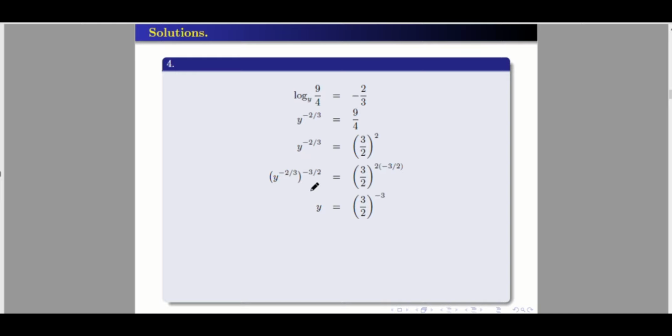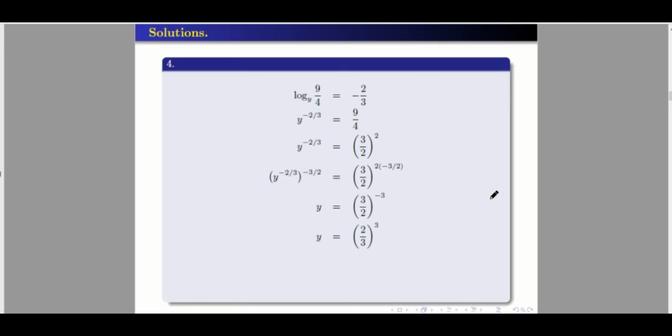Now, to maintain the equality, if you raise this side by negative 3 halves, you also raise the other side by negative 3 halves. In this case, we can cancel 2, because this is 2 times negative 3 halves, so we're left with negative 3. If we take the reciprocal, it becomes 2/3 raised to positive 3.